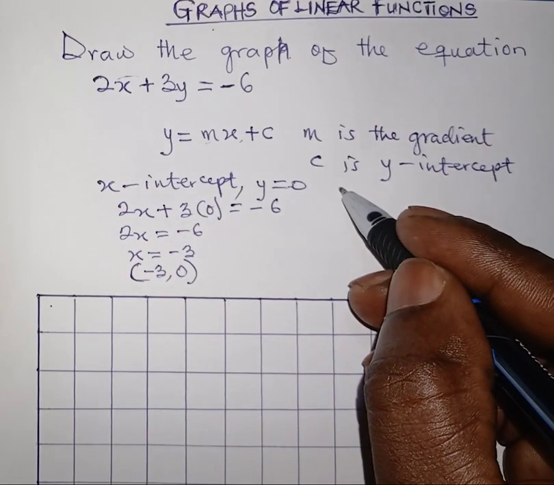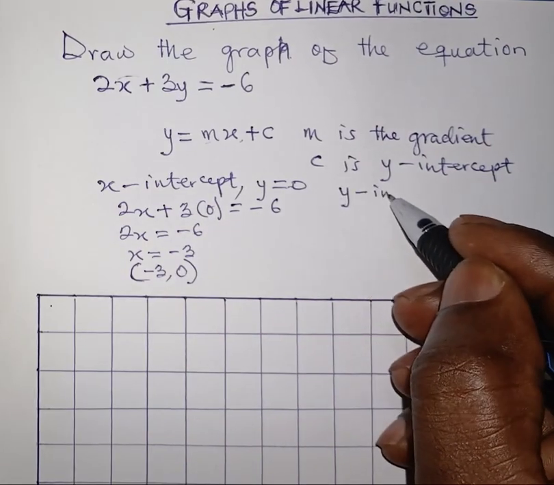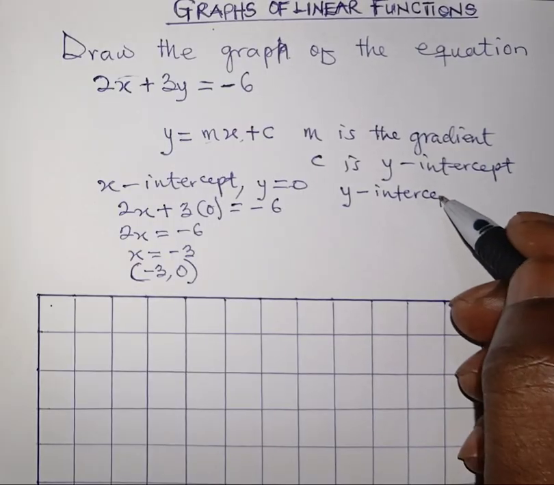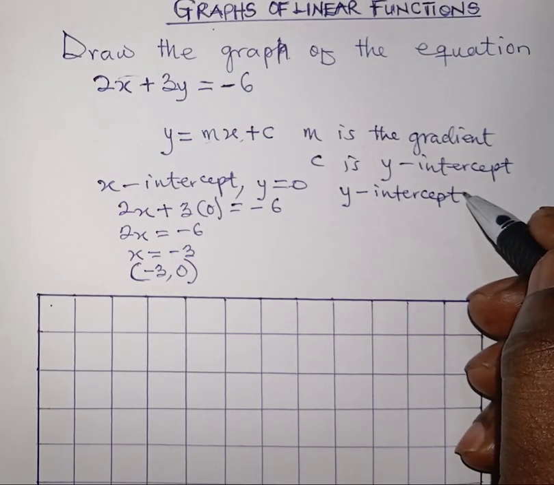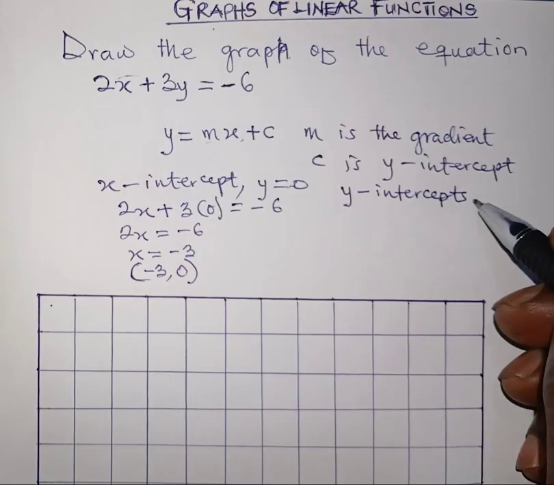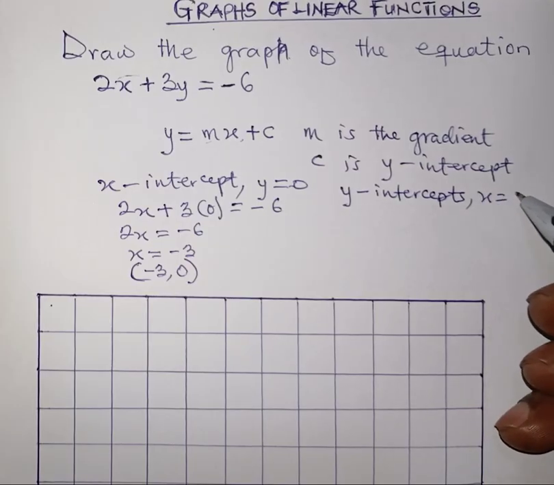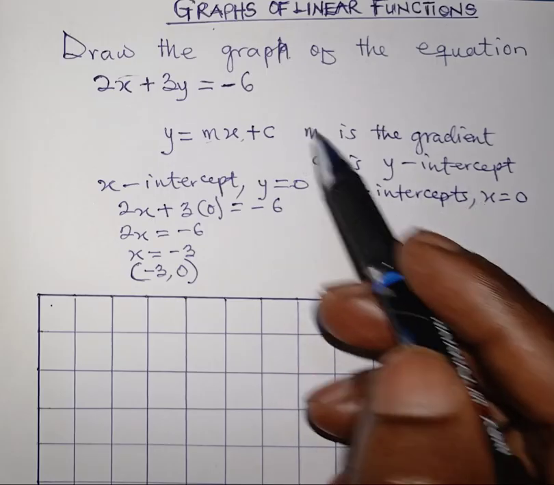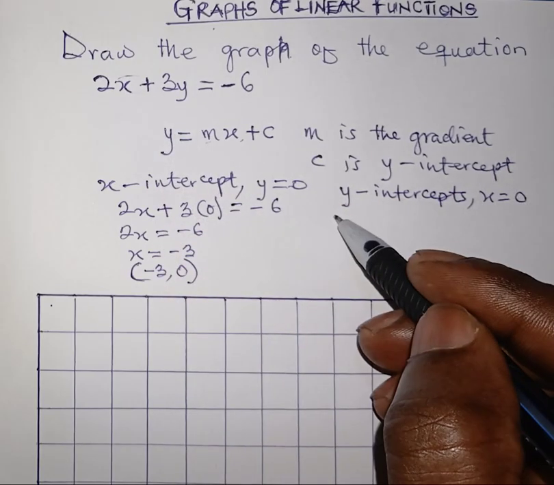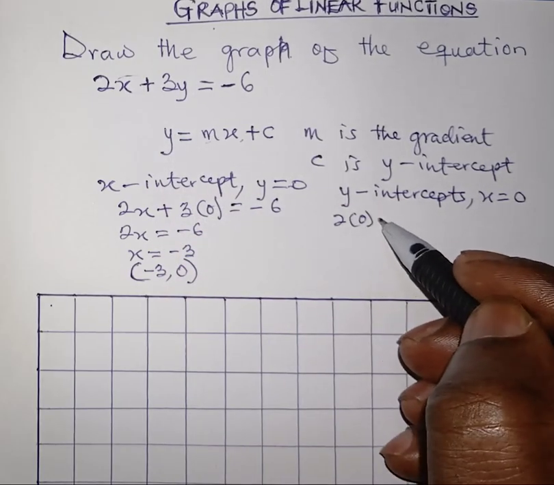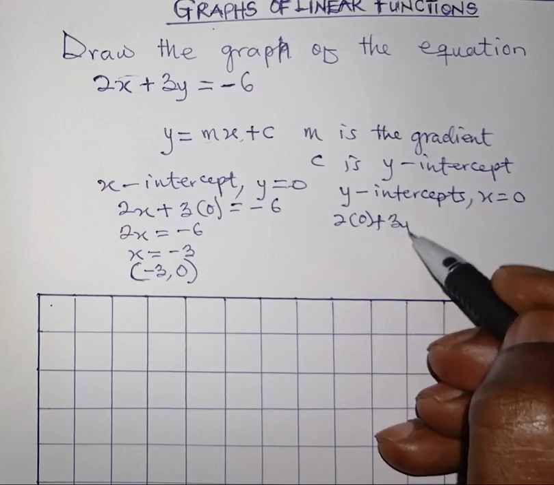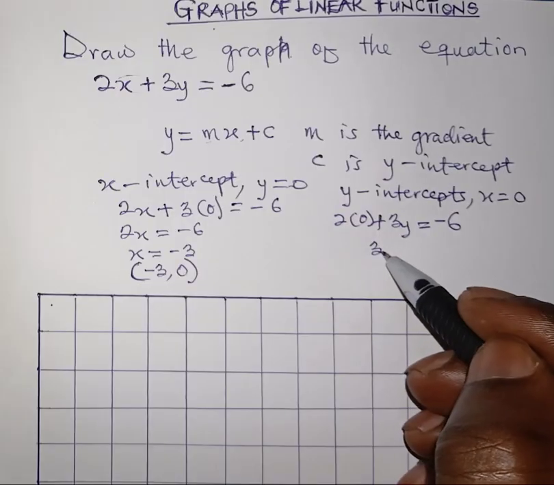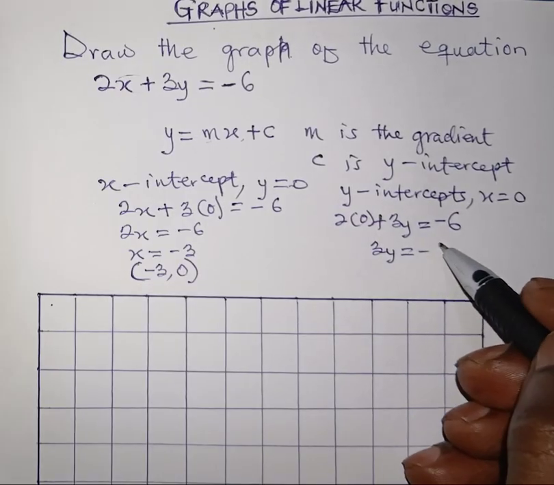And to find the y-intercept, x should also be 0. So I will substitute 0 for x in the equation. Then I have 2 times 0 plus 3y is equal to negative 6, where I have 3y is equal to negative 6.